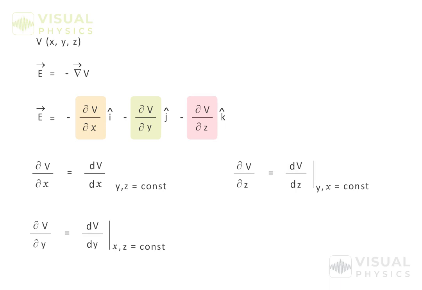In order to understand what partial derivatives mean, let us consider a function of x and y. So at any point x, y, the value of the function is specified along the z-axis.